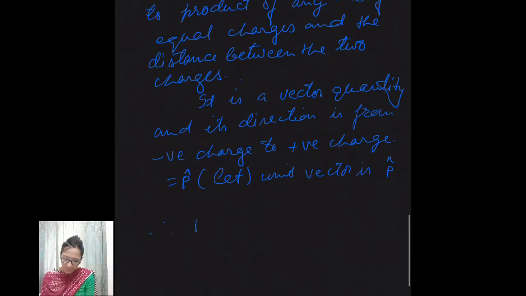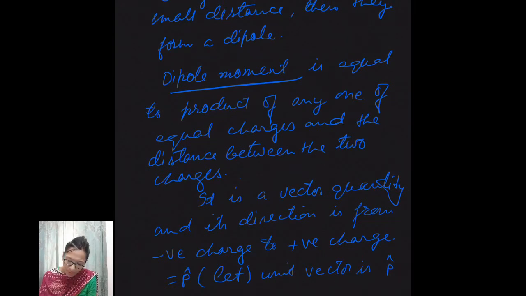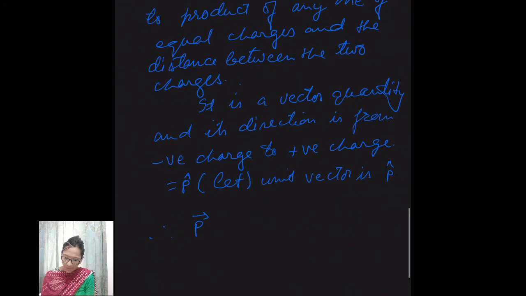Therefore, dipole moment has symbol P. So dipole moment is equal to any one charge into distance between the two charges and unit vector along the direction of dipole.